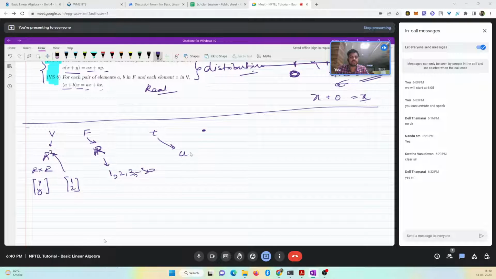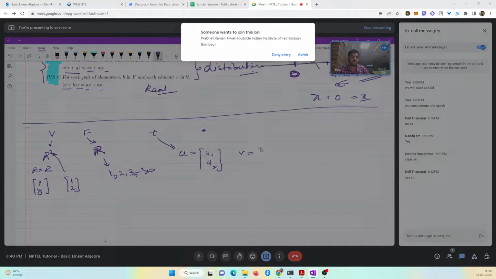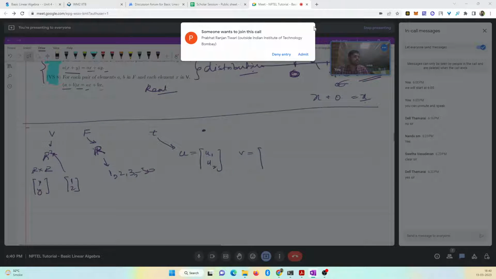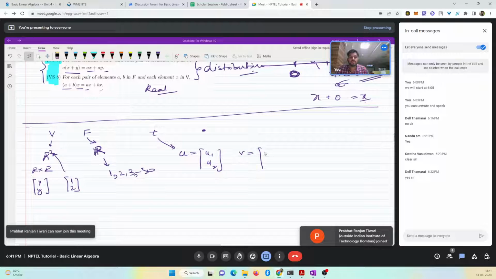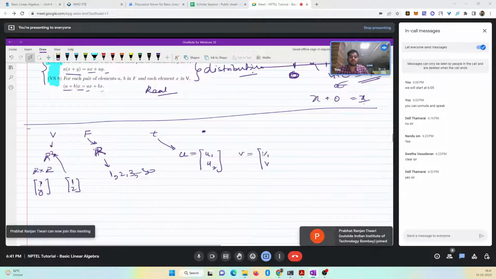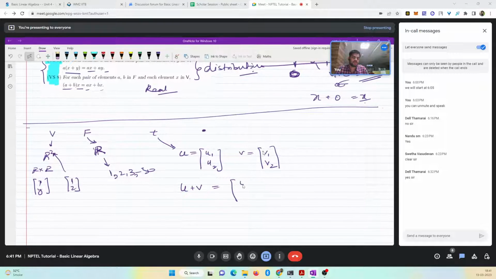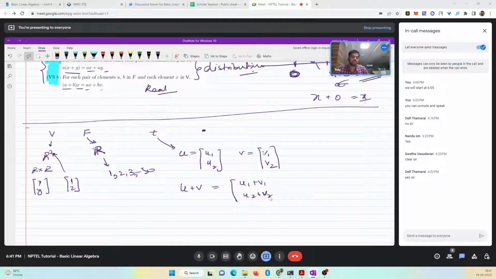Let's say u is u1 comma u2 and v is v1 comma v2, then we want to define u plus v as u1 plus v1 and the second element as u2 plus v2. So we are adding the first element with the first element and the second element with the second element.